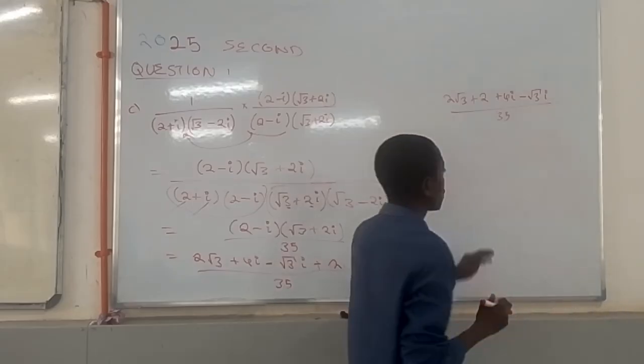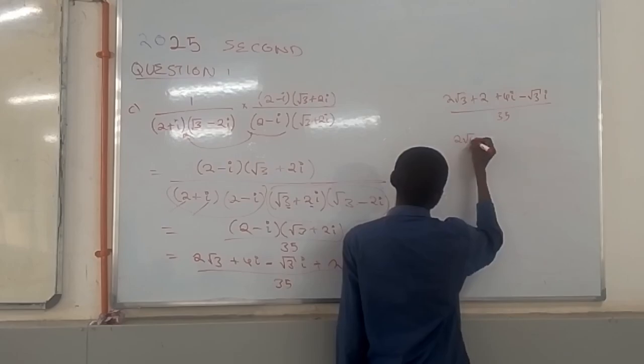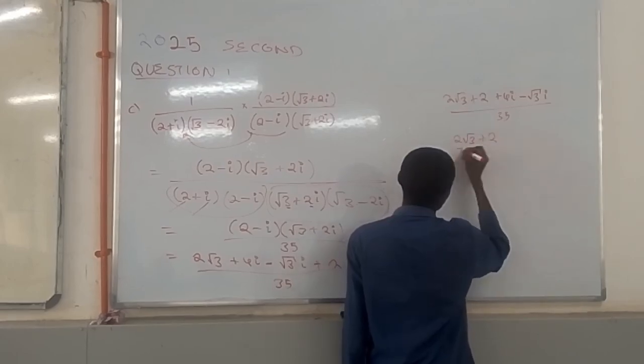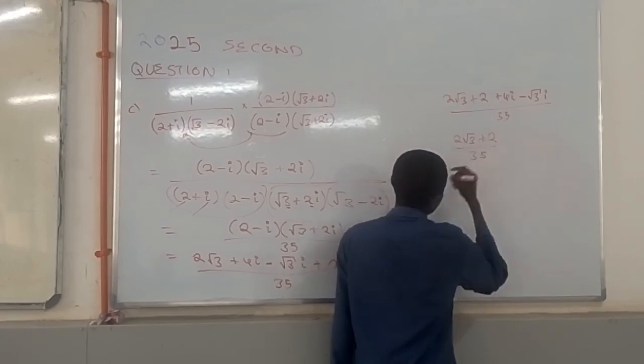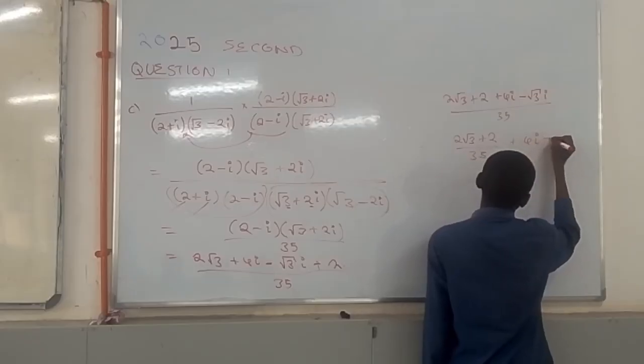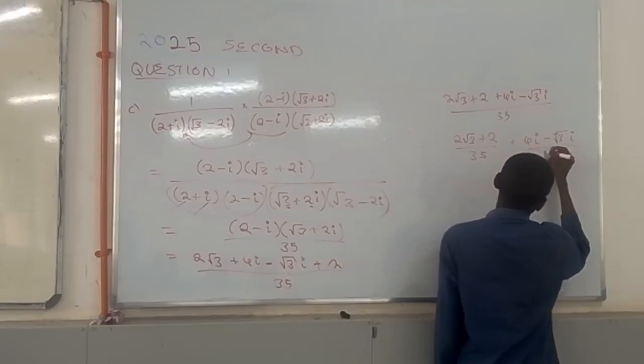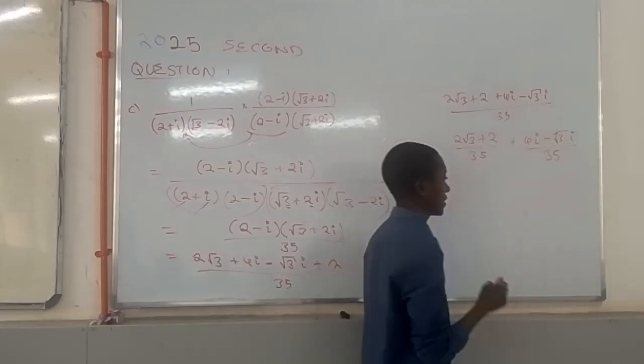And what I'm going to do, I'm going to split this. When I split it, I'll get 2 root 3 plus 2 over 35 plus 4i minus root 3i over 35, right?